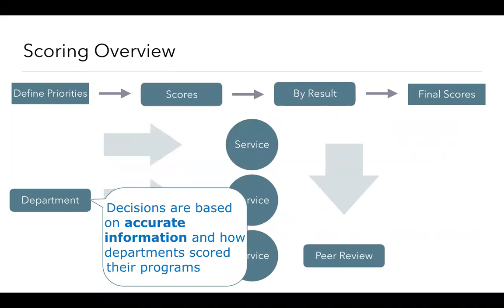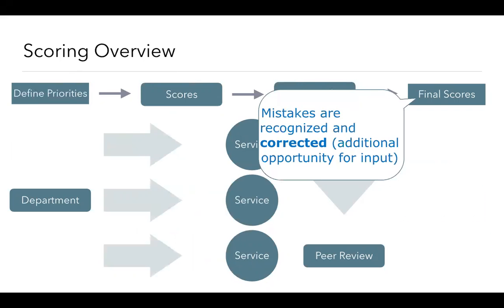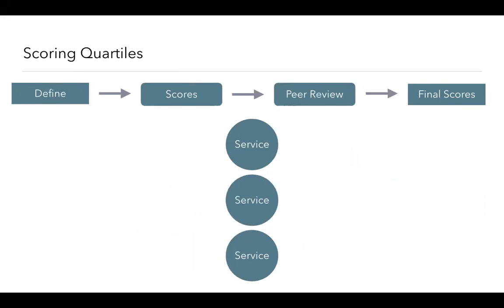You all know the most information about the services within your own department, so we ask that you go through first and assign value to those services through scoring. And then we have the opportunity for increased transparency and fairness by introducing the peer review process. Again, at the end, mistakes are recognized and corrected, and additional input is determined if needed in order to finalize the scores and save the model.